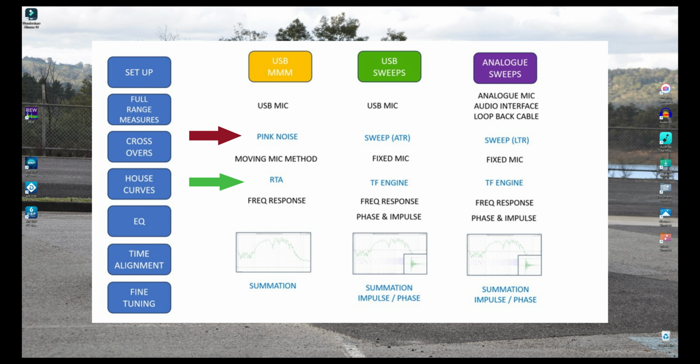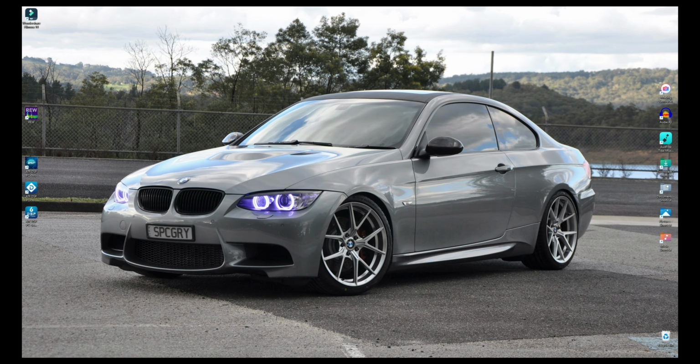When you are doing a sweep measure, we are using a sweep tone, which is a very specific signal, completely different to pink noise, and we're using what we call a transfer function engine to analyze the results that are coming back through your speaker to provide us with the frequency response and the phase and the impulse information. They are two fundamentally different measurement methods, and you end up with slightly different results from those measures.